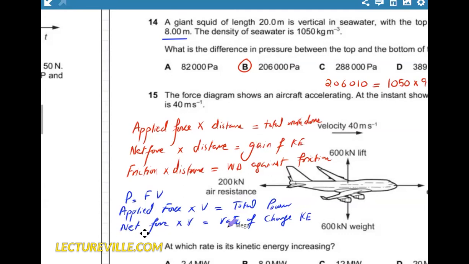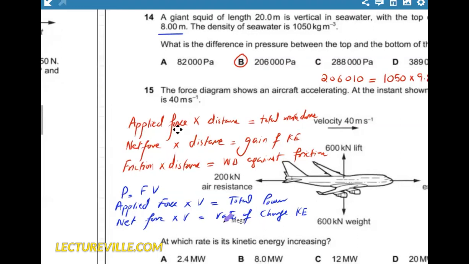And when we multiply net force with speed, we get rate of change of kinetic energy. Similarly, if we multiply frictional force with speed, we get the rate of work done against friction, or if all of the friction is converting into heat, then frictional force multiplied by V is the rate at which the heat is being produced.